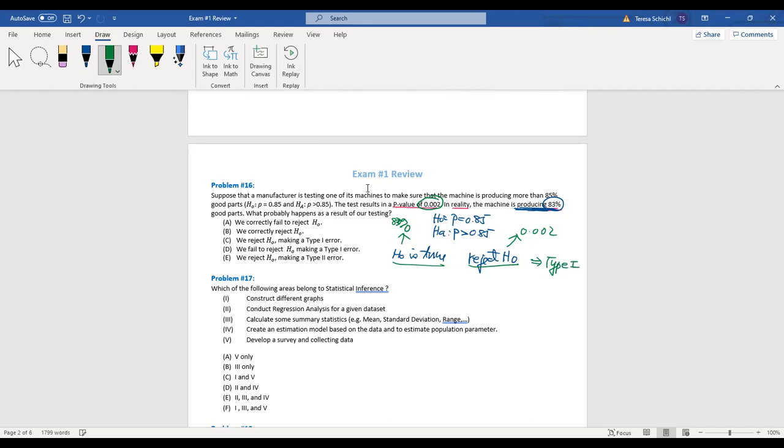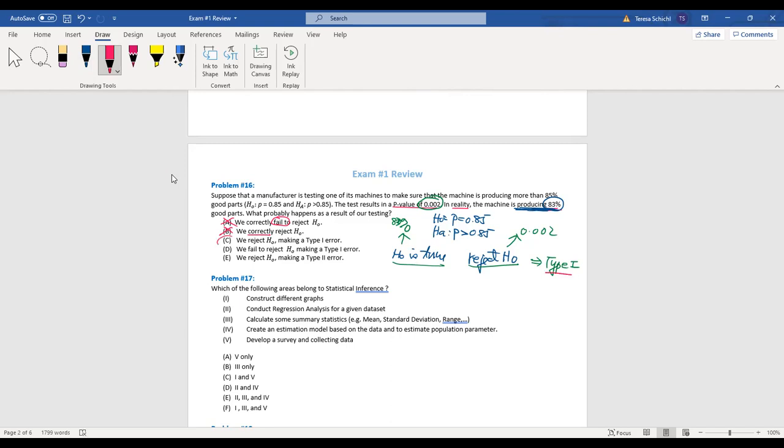Okay, so now let's see here. The first one says we correctly fail to reject. Well, we did not fail to reject, so it's not this one. Then it says we correctly reject. No, H0 is true, but we rejected, so we did not correctly reject. Then number C says we reject H0 and make a type 1 error.